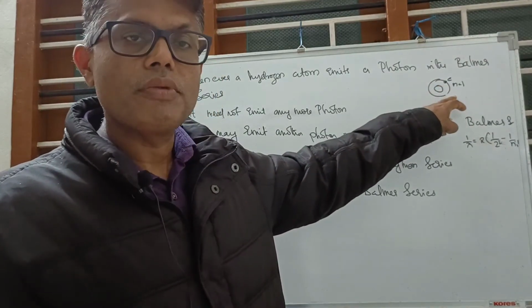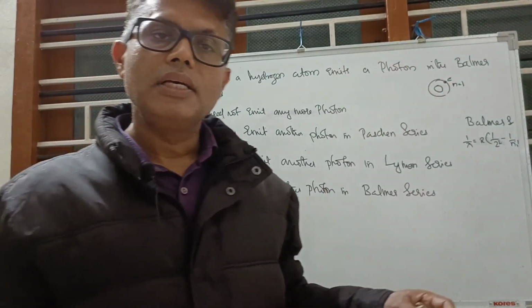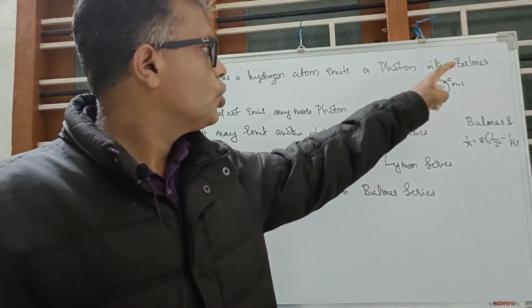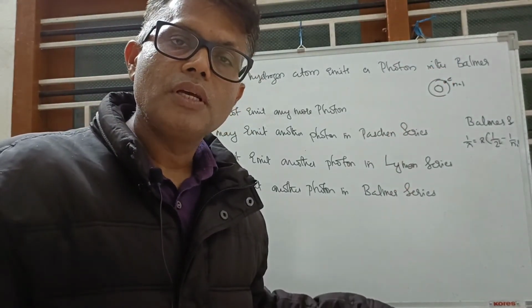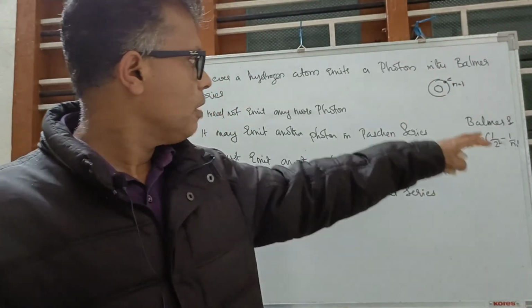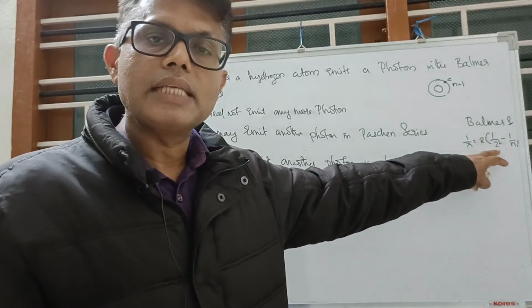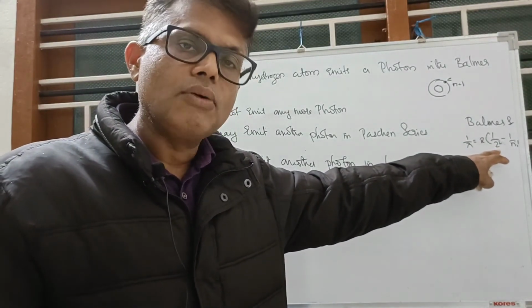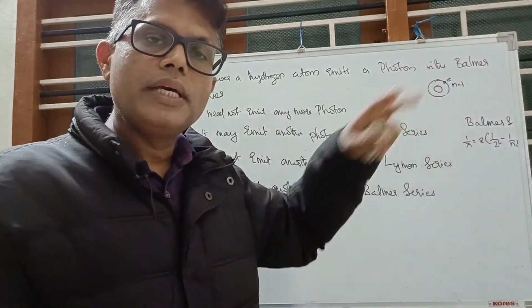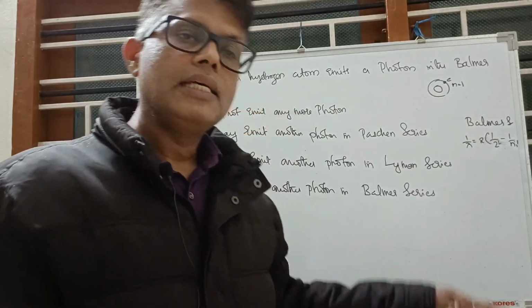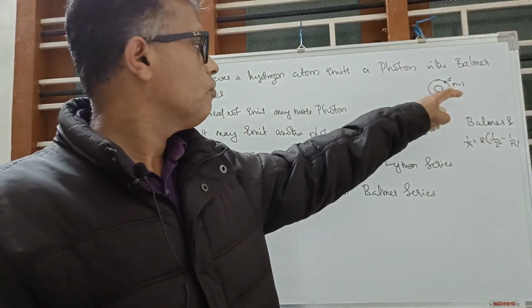It is in the first orbit. So, it cannot stay there. Everybody clear now? If it is in the Balmer series, the electron is now in the second orbit. So, to get to the stable state, that electron should come back to the first orbit.